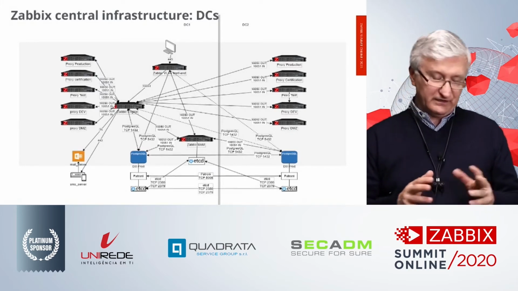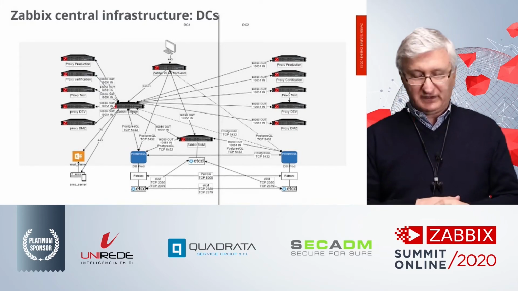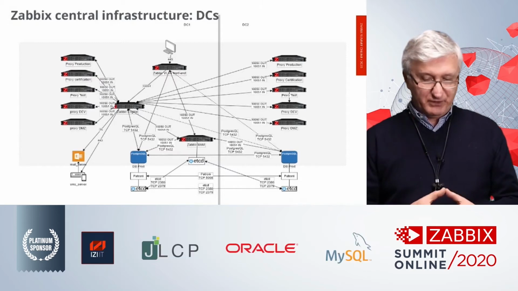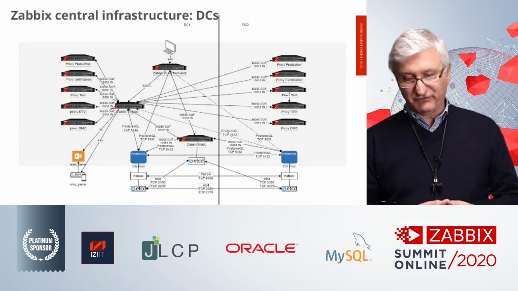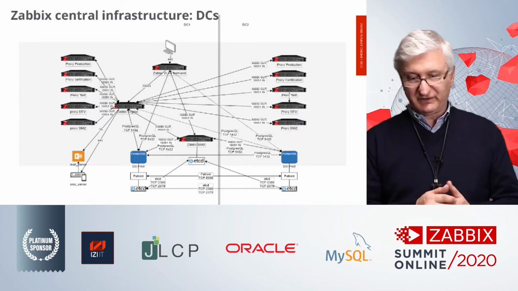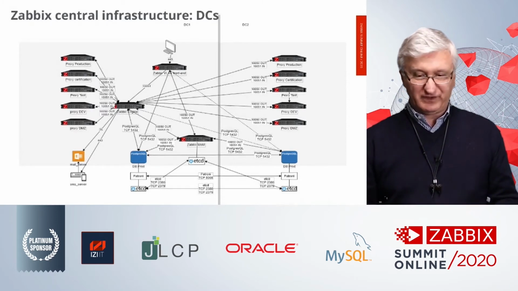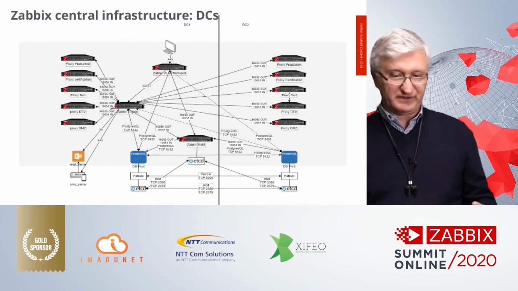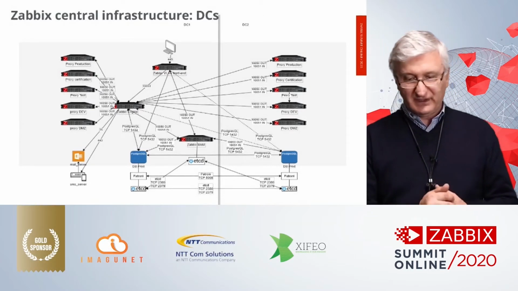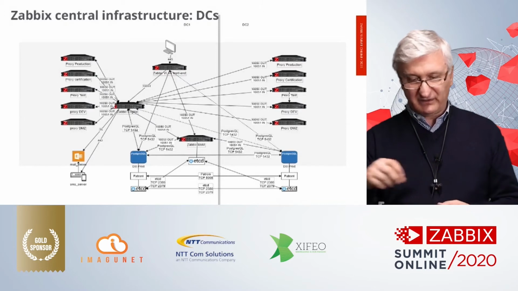Moreover, in the 2 data centers, we proposed a manager of managers, so another Zabbix server that is able to monitor the 2 Zabbix servers, the 2 Zabbix engines, one for the data center, another for the branches, and having some data about this.